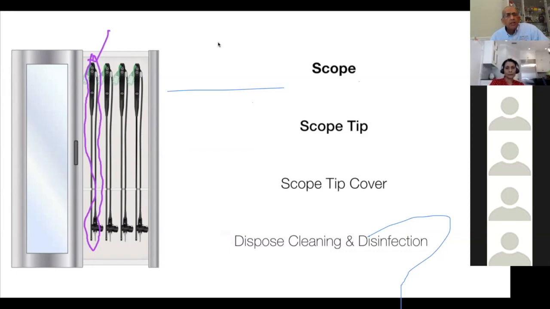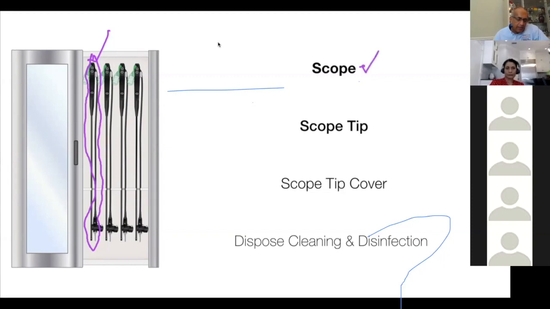So the whole aspect of cleaning is gone. You don't have to worry. You take a scope like a single-use device, and after the scope is done, the scope gets disposed or recycled for something else or whatever. That's one. So that is the single-use scope.